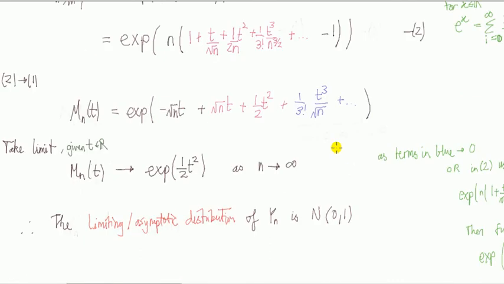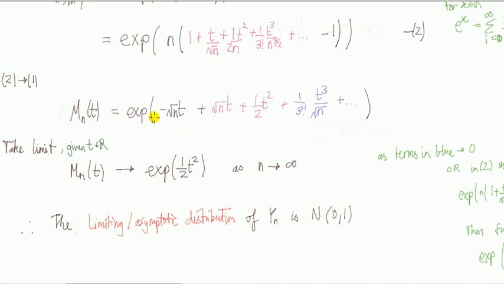Now what you want to do is fix t for any value. We could take t anywhere on the real line, and then look at the limit as n tends to infinity. So we're going to have this plus all these blue terms, which are getting smaller and smaller. They're tending to 0 as n tends to infinity.